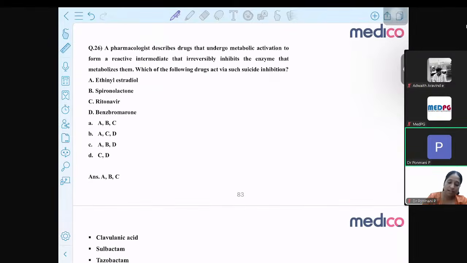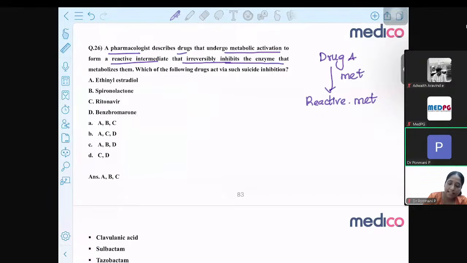Now coming to the next question. A pharmacologist describes that a drug undergoes metabolic activation. That is, let us assume a drug A undergoes metabolism to form a reactive intermediate. That means the metabolite is reactive. And this reactive metabolite irreversibly inhibits the enzyme that metabolizes it. So what is the meaning?